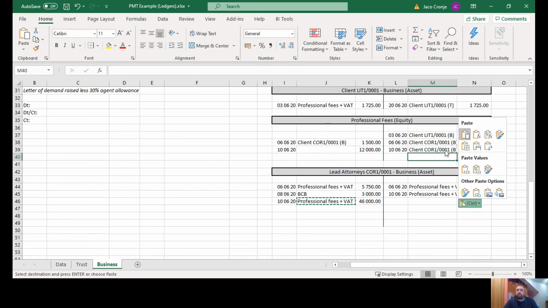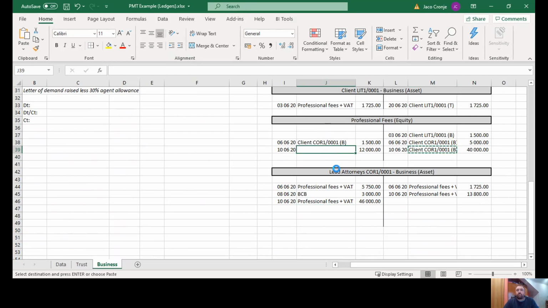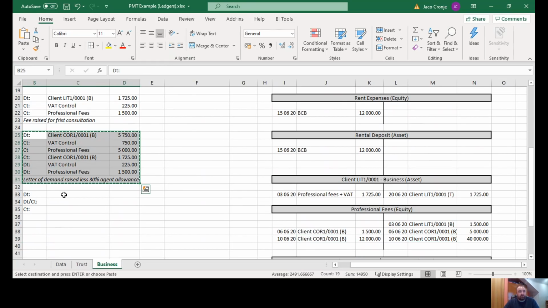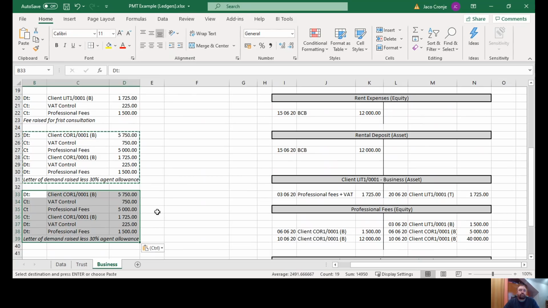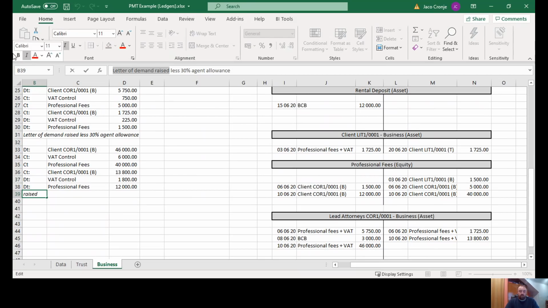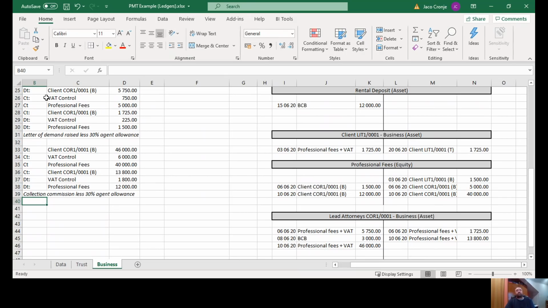To make this easy, I'm going to literally just copy and paste this whole journal. And I'm just going to change these amounts to say that one was 46,000, my VAT control was 6, and my professional fees were 40,000, and this one's doing rest. And then that's not for a letter demand, that is collection commission, less 30% agent's allowance.